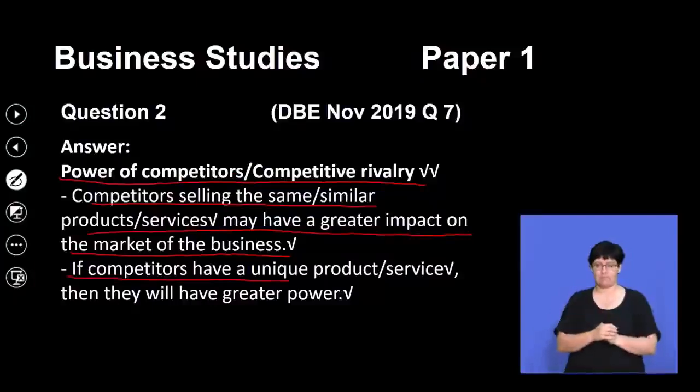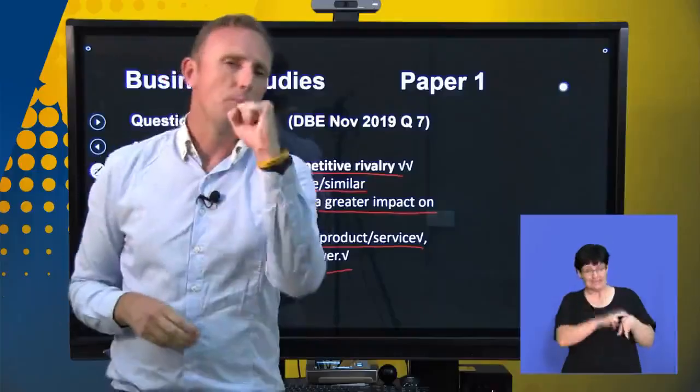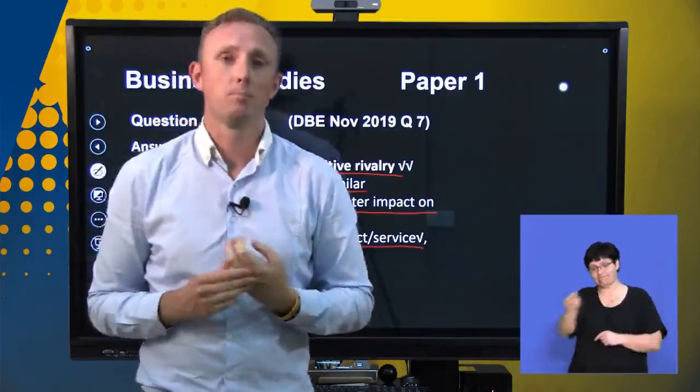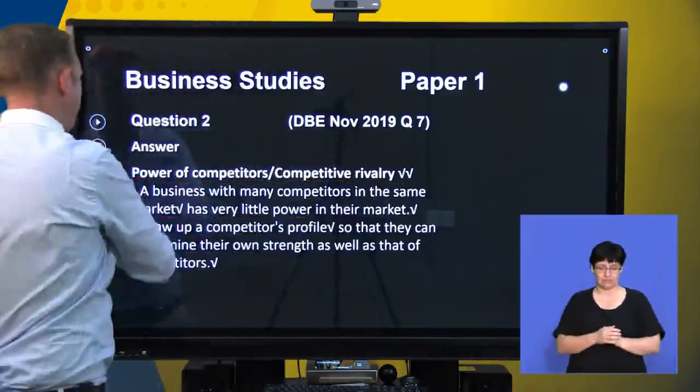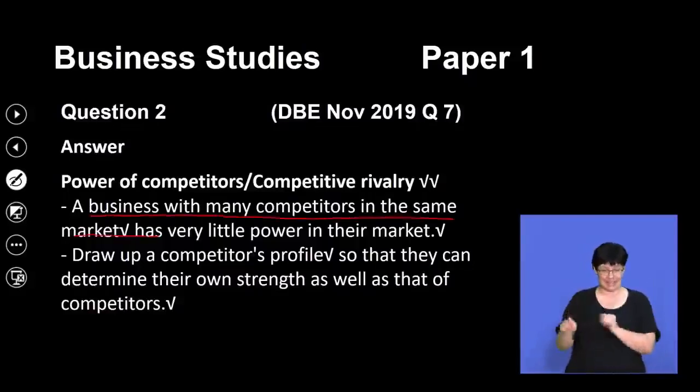If competitors have a unique product or service, then they will have greater power. So the more unique your product or service, the more power you are going to have over that particular environment. A business with many competitors in the same market has very little power in their market.